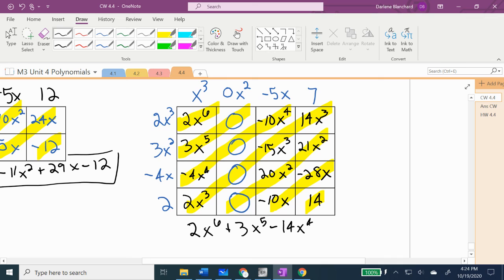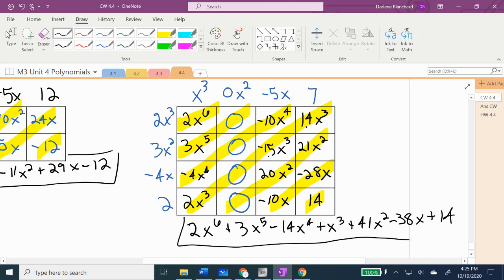For my 3rd power, I have 2 minus 15 plus 14, giving me positive 1 of those x cubes, so positive x cubed. My x squareds, I have 20 plus 21, giving me 41x squared. My x's are negative 10 plus negative 28, giving me negative 38x. And my lone constant, plus 14 for that.